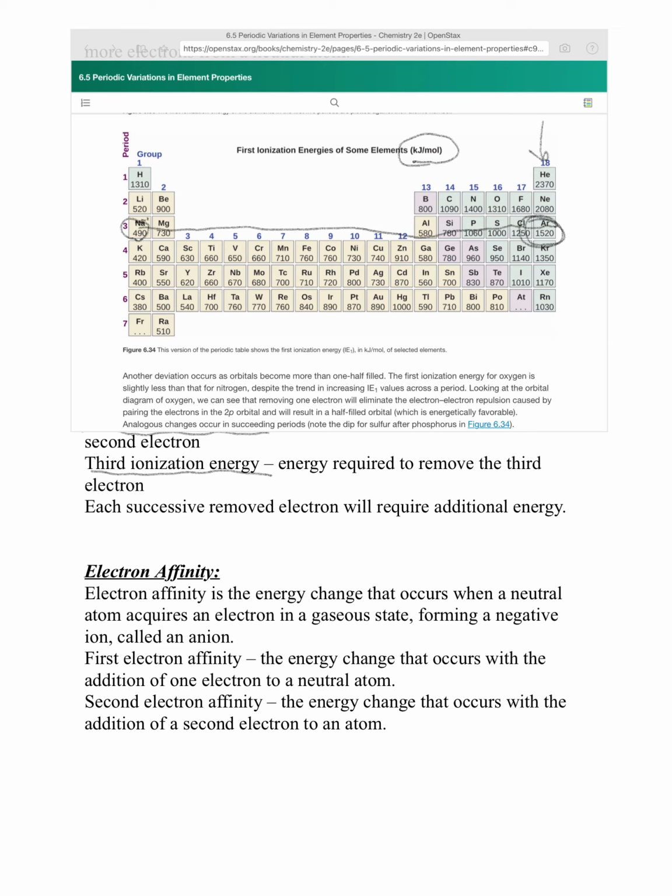And this actually helps determine the behavior of atoms in a chemical reaction. Generally speaking, groups 1 and 2, when they take part in a chemical reaction, are going to lose their valence electrons, in part because they have very low ionization energy.